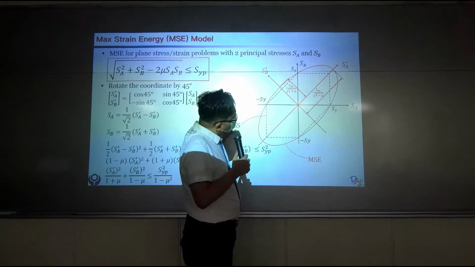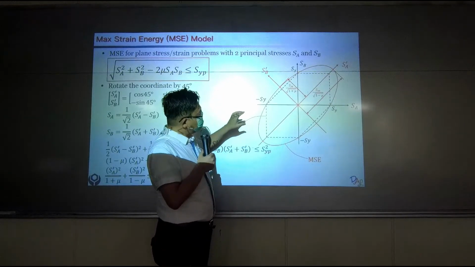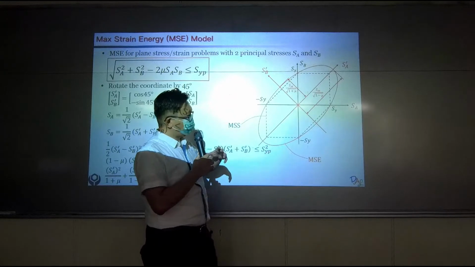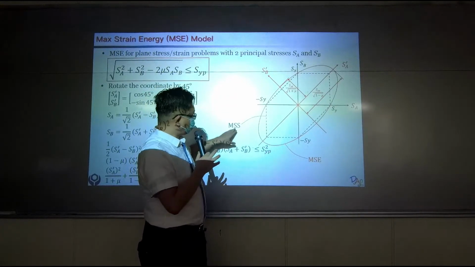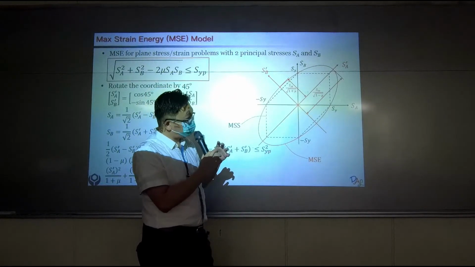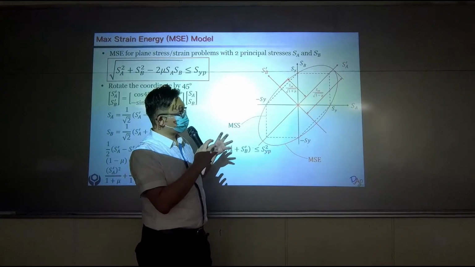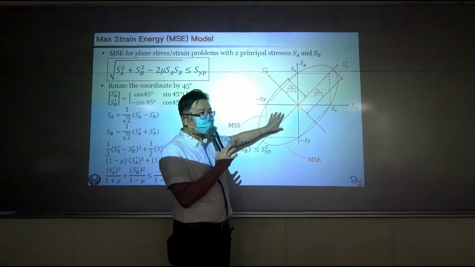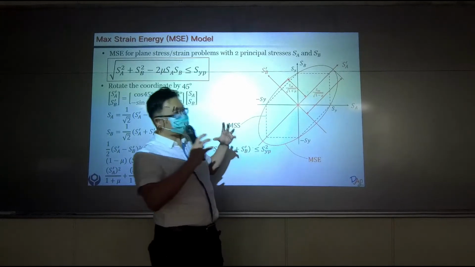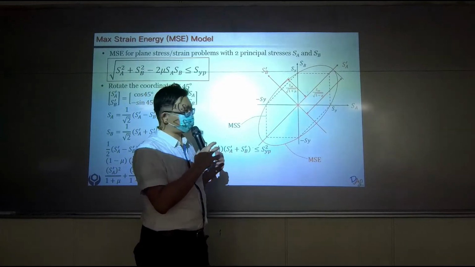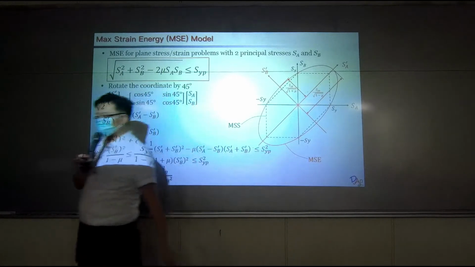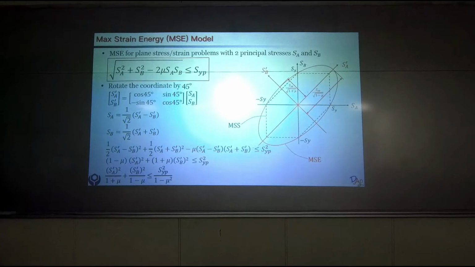So from here you can tell the maximum strain energy model is an extension of maximum shear stress. It's a bigger design space. When you have a smaller design space, you're more conservative. When you have a larger one, you are less conservative. You want to take a risk when you use maximum strain energy.